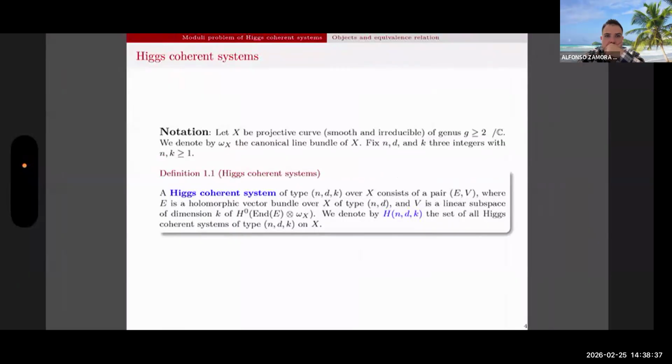A Higgs coherent system of type (n, d, k) is a pair consisting of a holomorphic vector bundle E together with a k-dimensional subspace B of the space of Higgs fields. We denote by H the set of all Higgs coherent systems of fixed type.